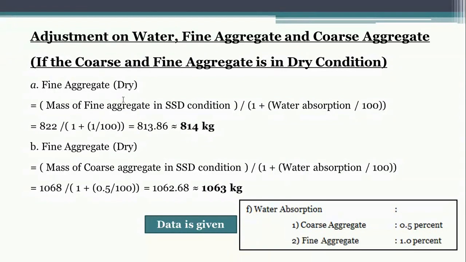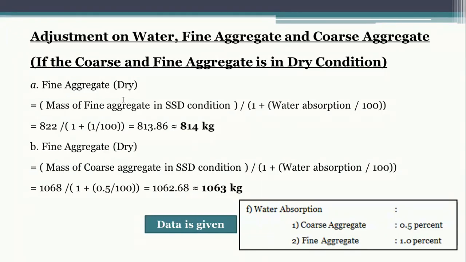From 822 it has decreased to 814, and from 1068 to 1063. That means in 1 meter cube of concrete, 8 kg of water is present in that fine aggregate, and similarly 5 kg of moisture is present in the coarse aggregate.